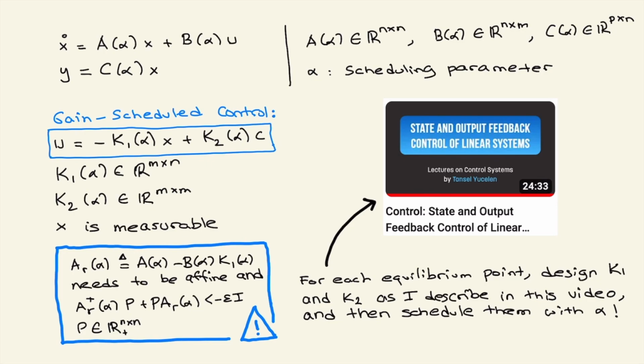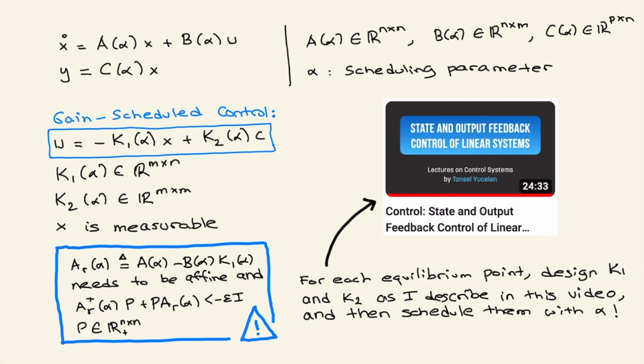For stability, this matrix appearing in the closed loop needs to be affine, and this quadratic stability condition for a given positive epsilon needs to hold for a positive definite P. To solve this, we generally use linear matrix inequalities. And again, if you want me to make a video about LMIs, linear matrix inequalities, let me know. For now, I assume you know it.